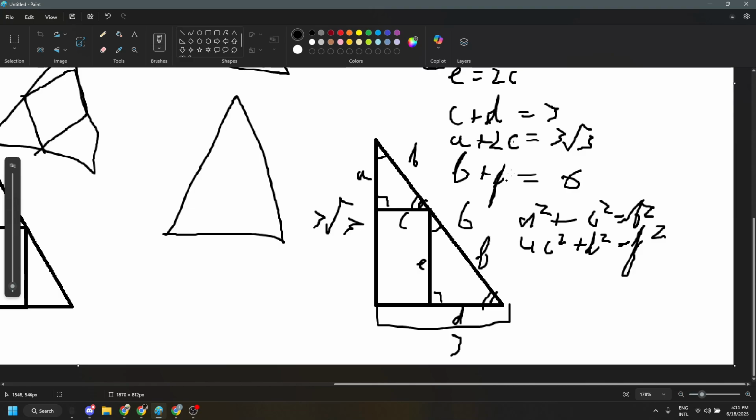If we could get rid of this, because we're trying to find E, or 2C. So what we can do is divide this by 4, so C squared plus 1/4 D squared is equal to 1/4 F squared.